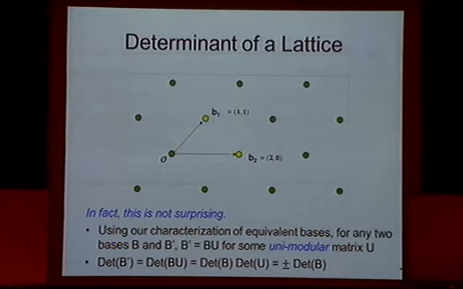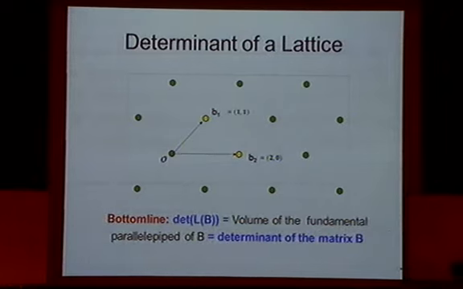Different parallelepipeds, but the same area, the same determinant. So that's the determinant of the lattice. The bottom line is that the determinant of the lattice is the volume of the fundamental parallelepiped, which can be computed as the determinant of the basis matrix B.